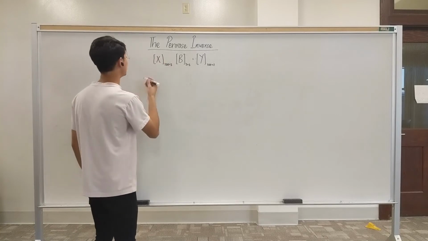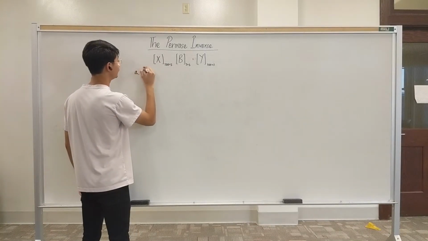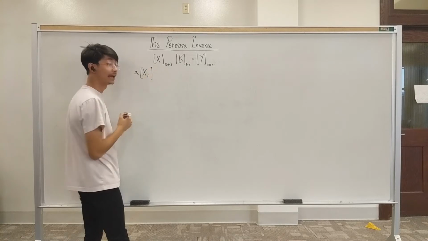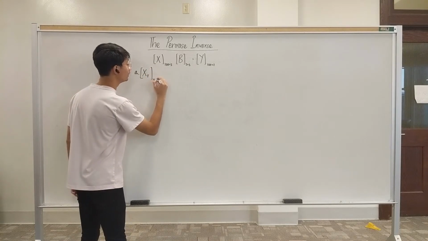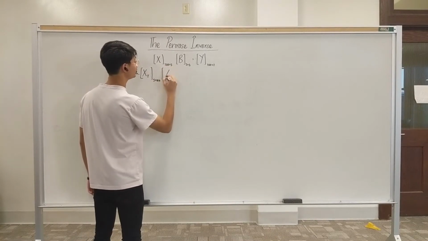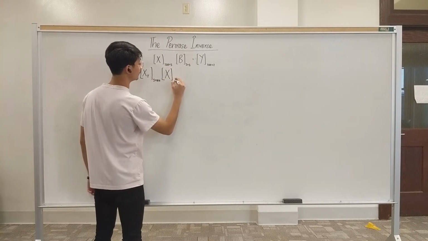So the transpose of X, X sub t, will have the dimension of 3 by 100. So we multiply that on both sides. So we're left with this.